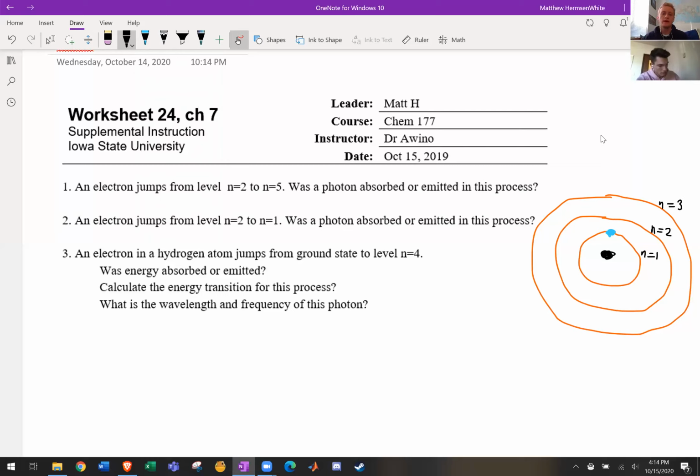And so your electron, if it's excited, could move up and move down levels depending on energy. Now, does anyone know what would cause an electron to jump up or down levels? I'll give you a hint. It's something to do with what we did yesterday.